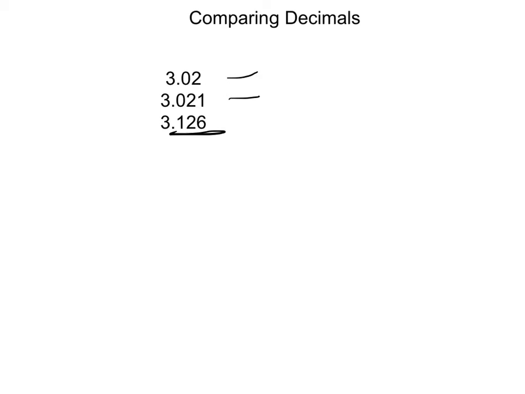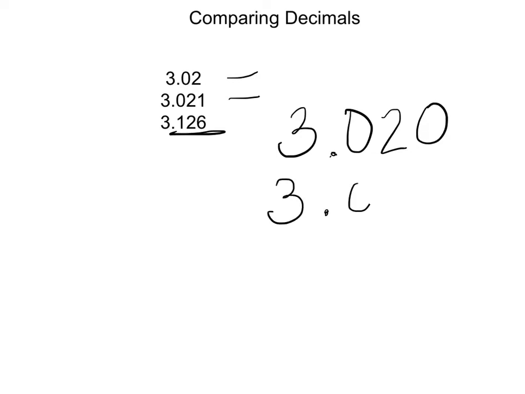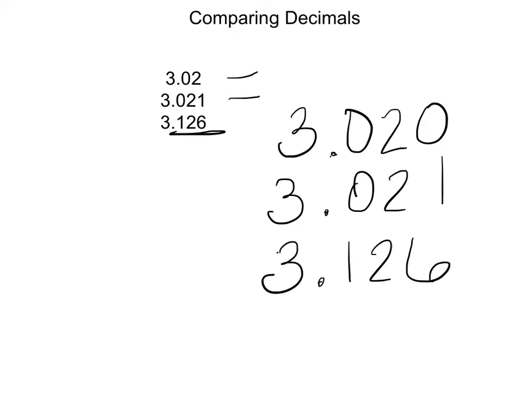In this case, the largest place value we have is the thousandths place, and the only one that's not in the thousandths place is this 3 and 2/100ths. So I could make that 3 and 20 thousandths. Very good job. So we would have 3 and 20 thousandths, 3 and 21 thousandths, and 3 and 126 thousandths.